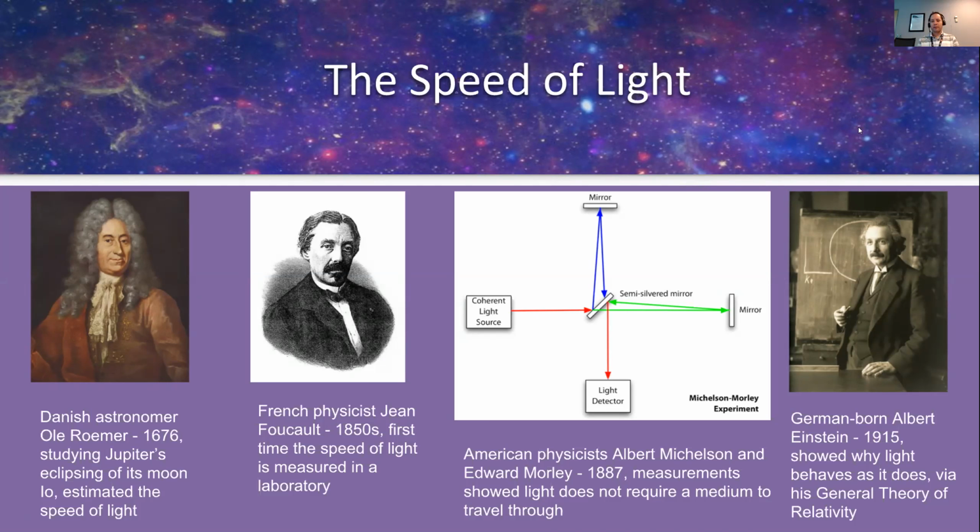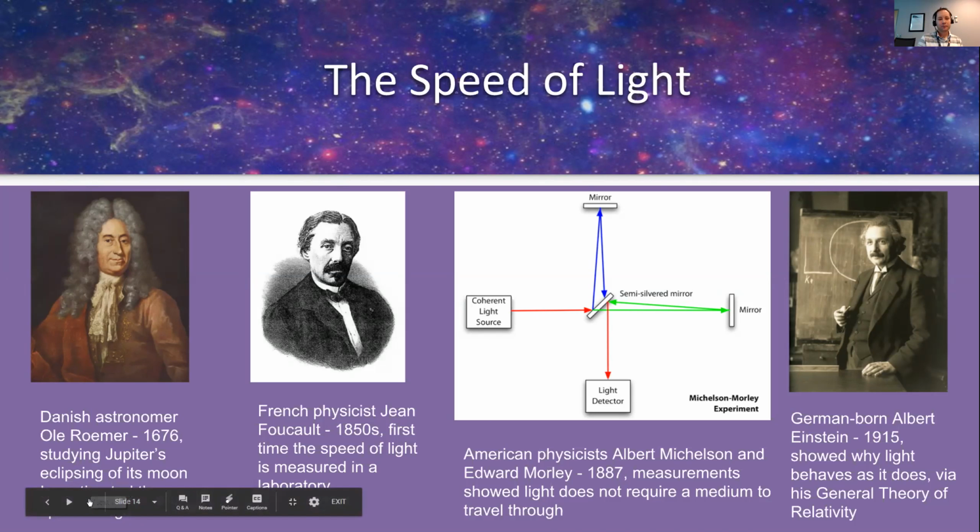And then it was famously Albert Einstein in 1915 who showed why light behaves as it does via his general theory of relativity. So that's just speeding through centuries of light. And of course, these are just a few of the folks that were involved in this sort of study. But I wanted to give you an impression that there's a long history of studying the nature of light and how fast light travels.